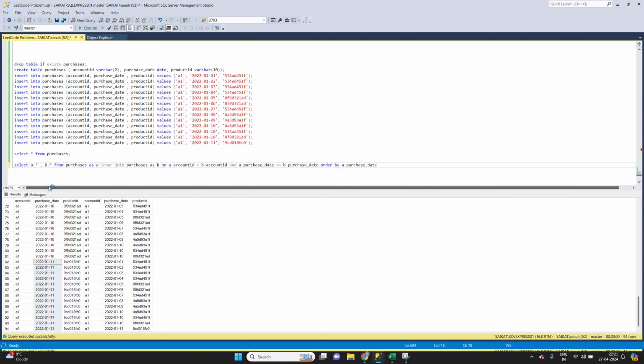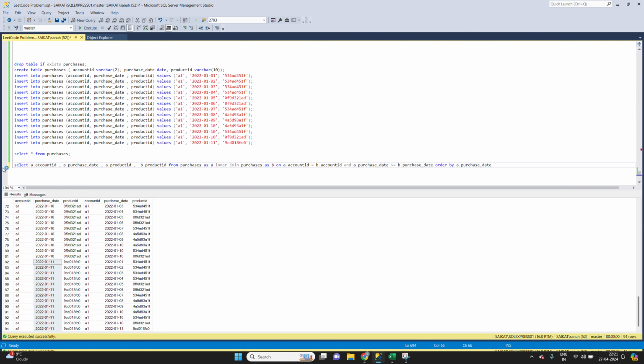Correct? Now, we only need account ID, right? Then we need A.purchase_date, comma A.product_ID, and B.product_ID.